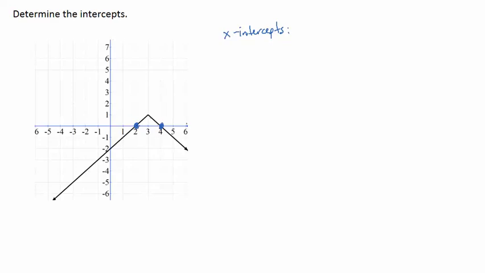So this ordered pair is (2, 0), and the other is (4, 0). Some people would just say it has x-intercepts of 2 and 4, which is acceptable, because if you're telling someone they're x-intercepts, then you know that they're on the x-axis. So 2 and 4 on the x-axis would be fine. But to be completely precise, ordered pairs are better.